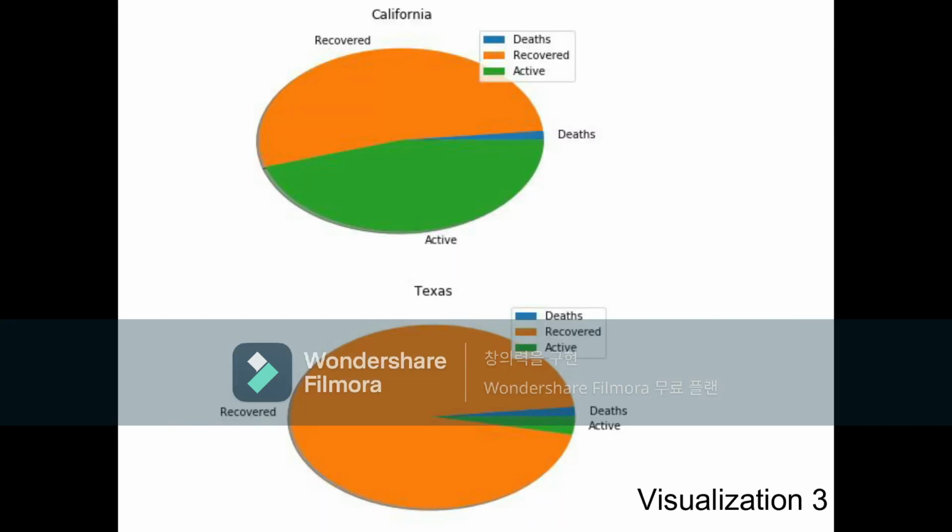The graphs show overall status of California and Texas, as California has the greatest number of cases and Texas has the highest recovery ratio. I have used the Matplotlib library for visualization and plotting data in the form of bar charts, pie charts, and line graphs.